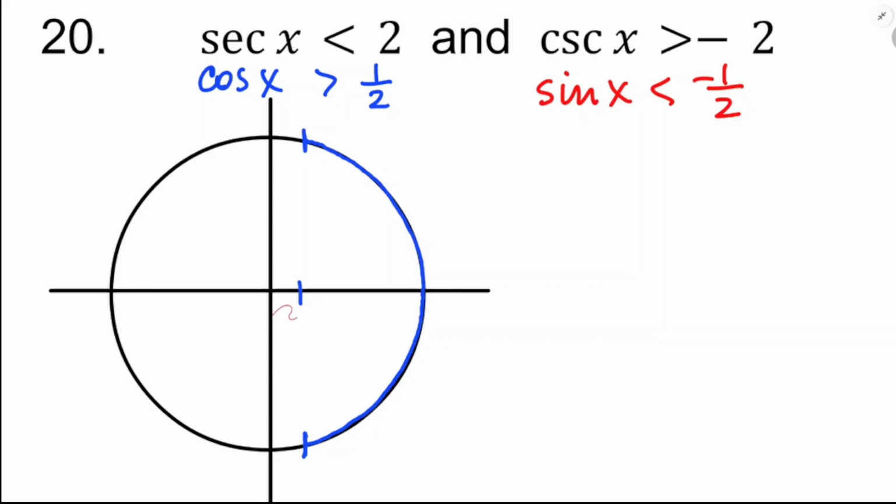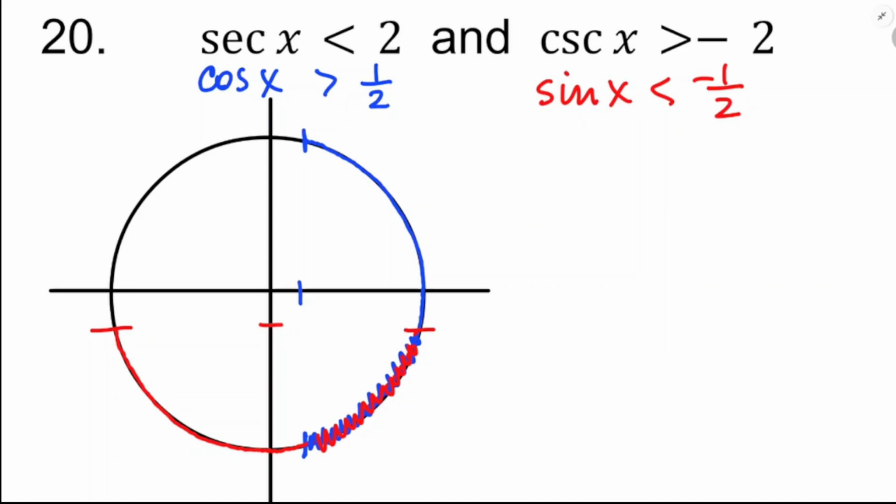I'll mark off what I think negative 1/2 is on the unit circle, which I know is pretty exaggerated, but I think that'll help. If it's less than negative 1/2, I'm going to be below that because sine is the vertical displacement. I tried to draw it so that they were both visible. We're able to see that there's both colors there.